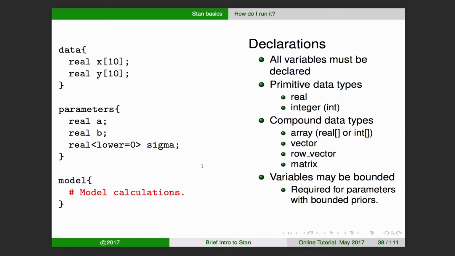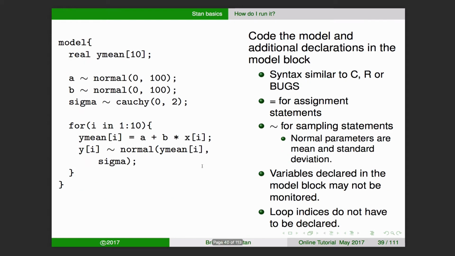Finally, in the model, we're going to be doing some calculations there. And that's illustrated here. So we're going to code the model and any additional declarations in the model block. The syntax looks similar to something like BUGS. You use equals for assignment statements, and you use a tilde for sampling statements.